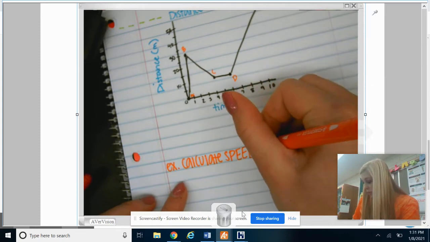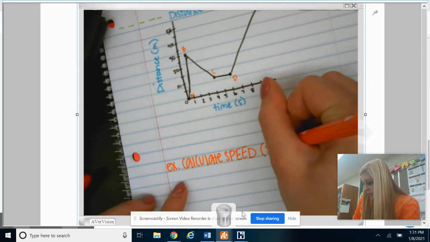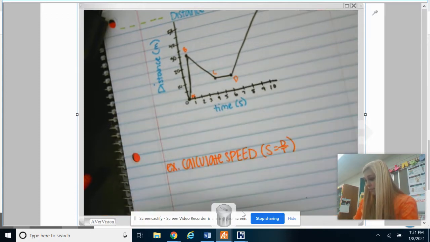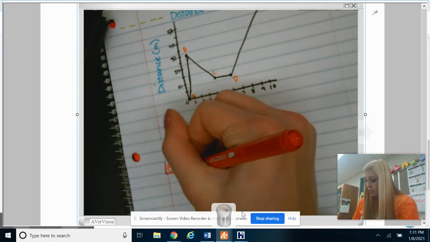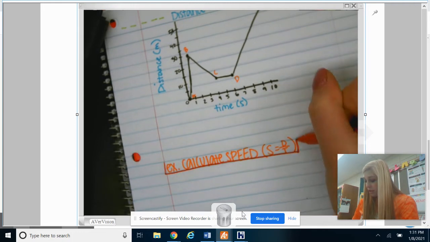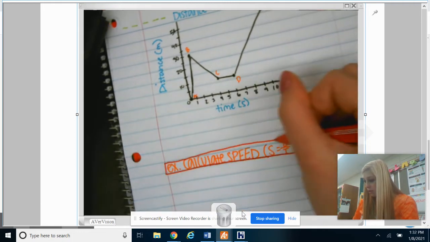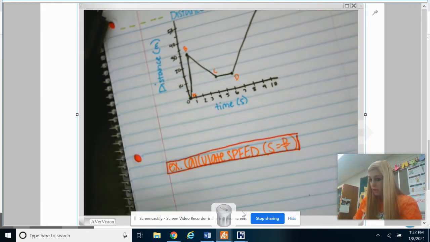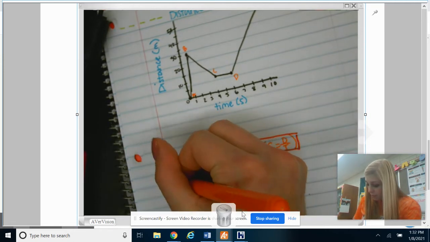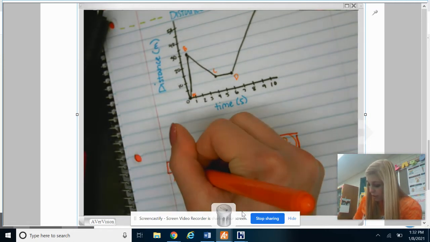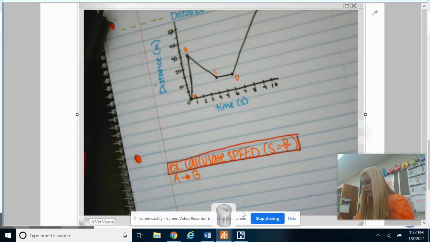Remember, our formula for speed is distance divided by time. So if we know the distance that we went from point A to B, and we know how long it took us, we can calculate the speed.